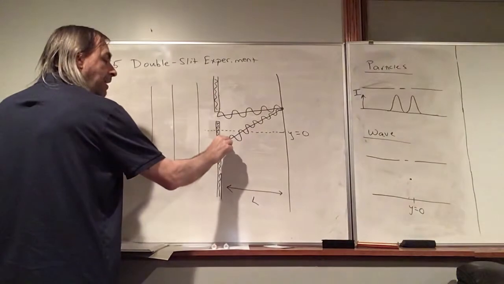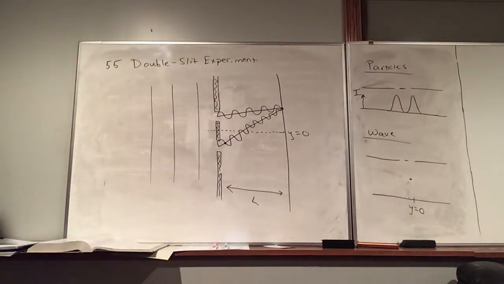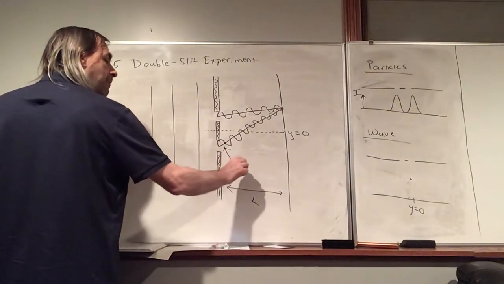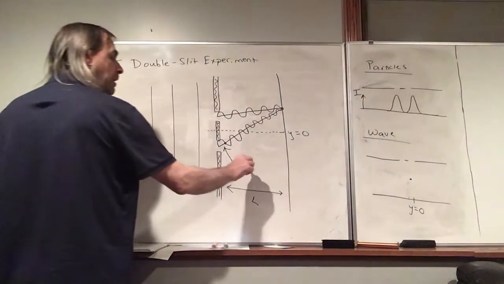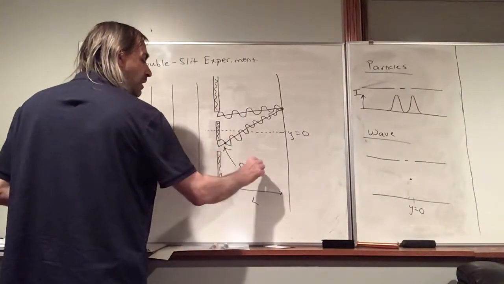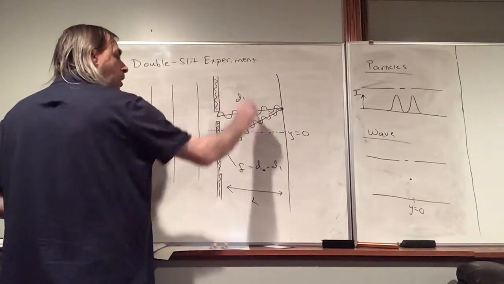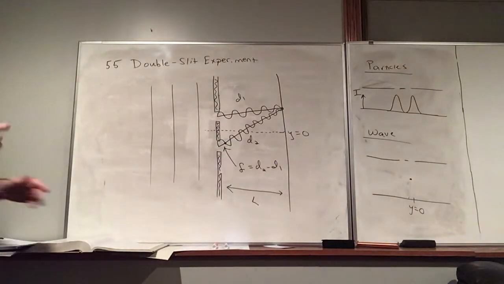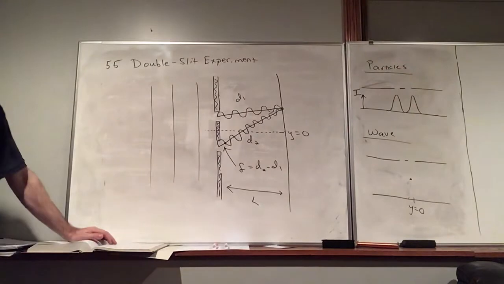So let's say this extra distance that it has to travel, we'll call it the path length difference. So delta is d2 minus d1, where this is d1 and this is d2. These are the paths that the light has to take to reach this point on the screen.